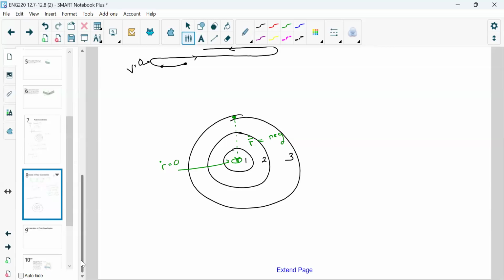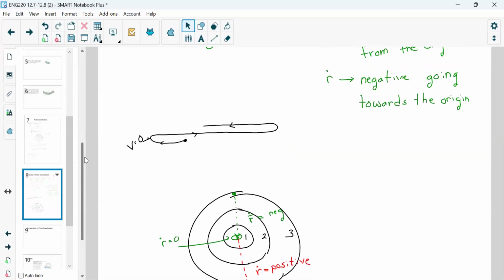If it goes through the origin and keeps going, so now it's heading this way, now my R dot is going to be positive. But the velocity, when it goes through that center of polar coordinates, is going to be 0. That could be a very helpful boundary condition for us.